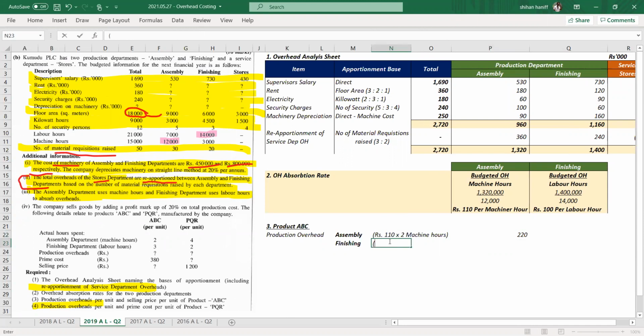Finishing department is 100 per labor hour. So how many labor hours were used in ABC? They have used 3 labor hours. So that will be multiplied by 3, which is 100 into 3.